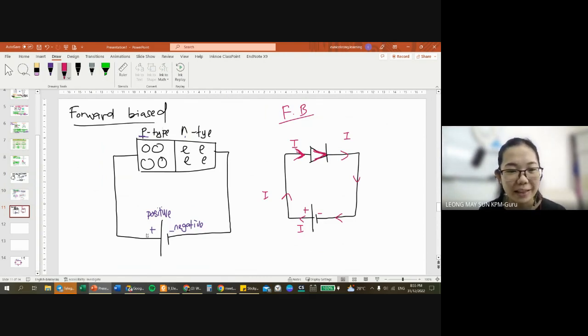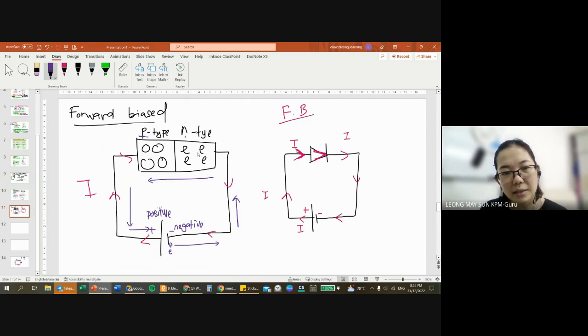Now, when you connect this, current will actually flow in the circuit, but remember, current flows because of charge flowing. So let's talk about the electrons first. Electrons at the negative terminal of the battery will move as they are attracted towards the positive terminal.